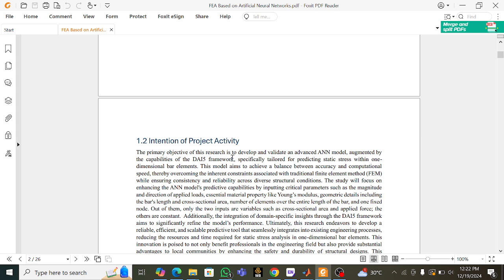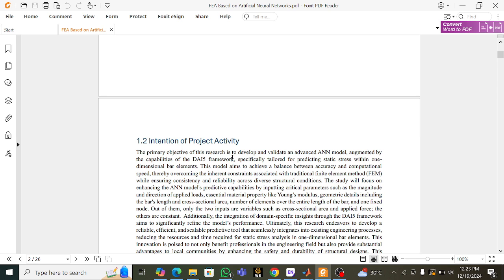This is the technical intention. When it comes to non-technical intentions, the outcome of this study will benefit not only professional engineers, who will use it later in their work, but also local communities. How will the local community benefit?